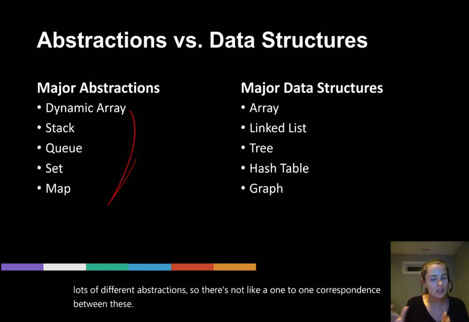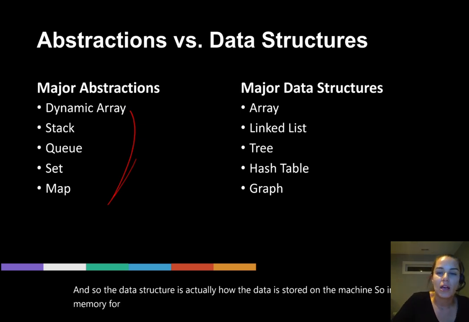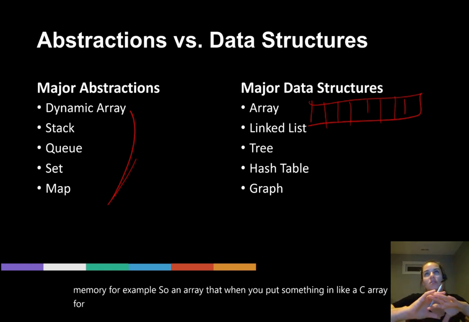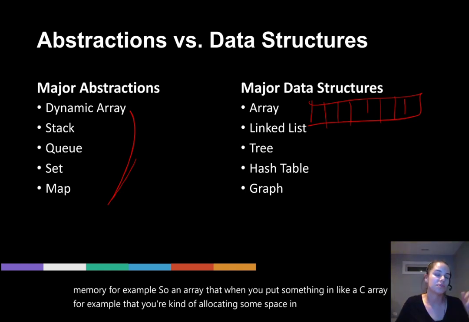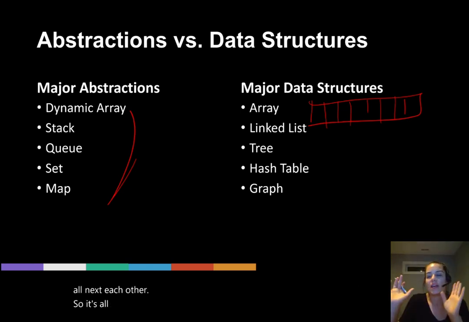And so the data structure is actually how the data is stored on the machine. So in memory, for example. With an array, you know that when you put something in like a C array, for example, you're allocating some space in memory and it's all next to each other. So it's all sequential, and that's where your data is.